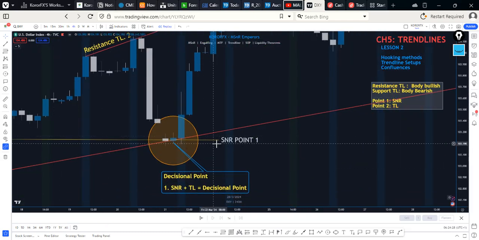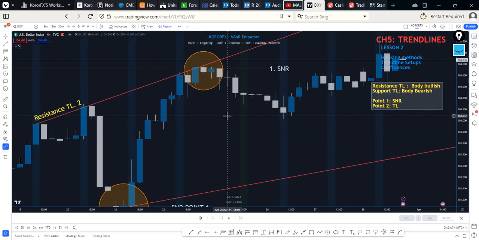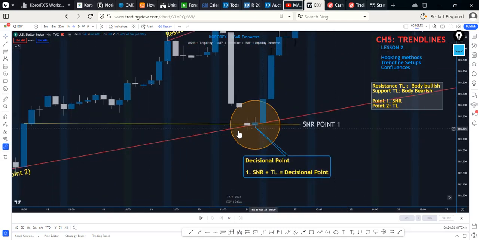But first, the important thing is the SNR. You must have the SNR first. So when the trend line and SNR meet together, like this one, SNR plus the trend line, there is the decisional point. We have to understand it.